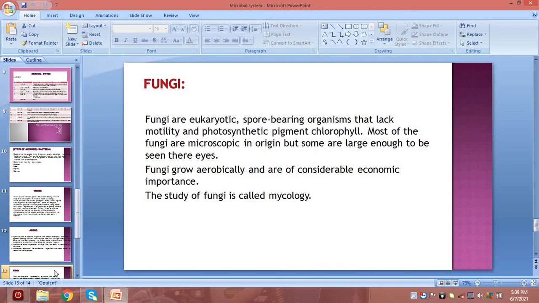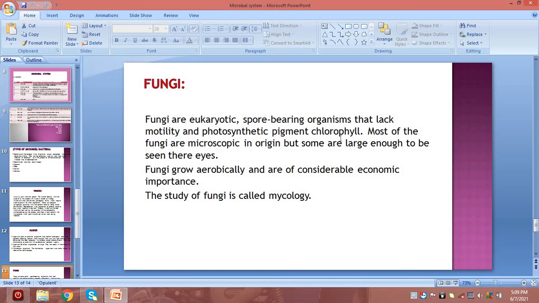Next we have fungi. Fungi are eukaryotic spore-bearing organisms. Spores here are the structures which help them in the reproduction process, and the fungi lack movement or motility, and they also don't have the photosynthetic pigment chlorophyll.